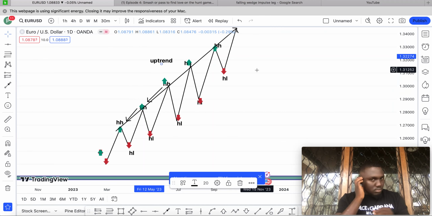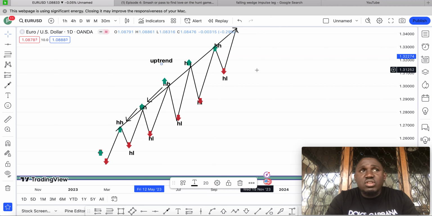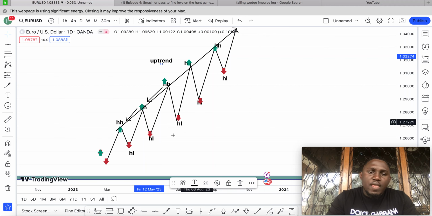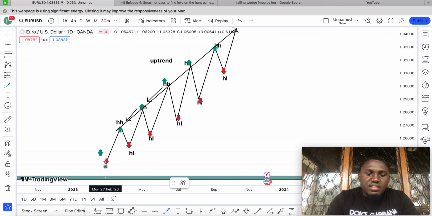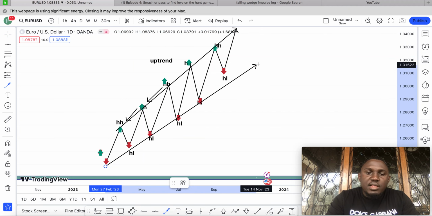Now, why is this market trending on an uptrend? There's also something happening below here.